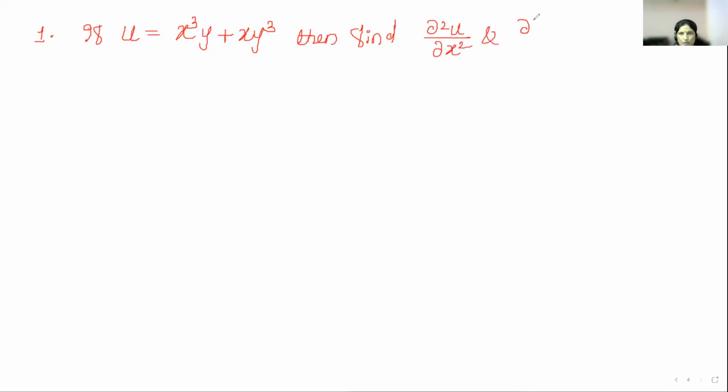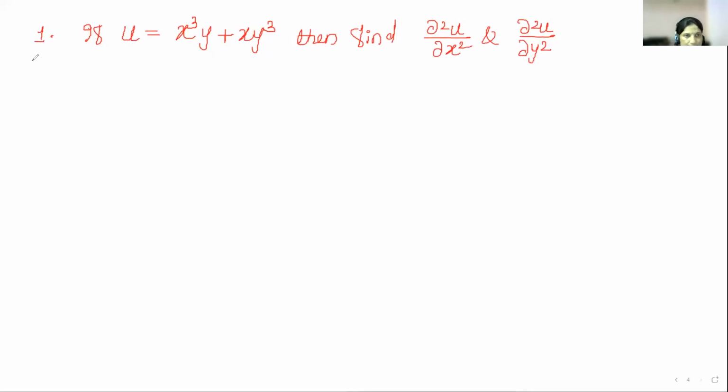If u is equal to x cube y plus x y cube, then find ∂²u/∂x² and ∂²u/∂y².